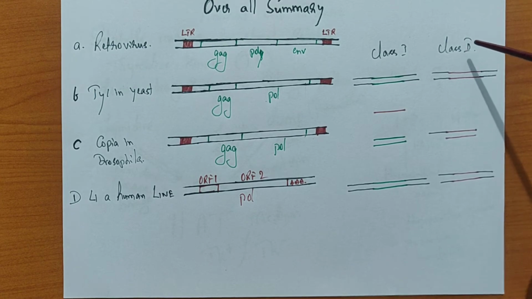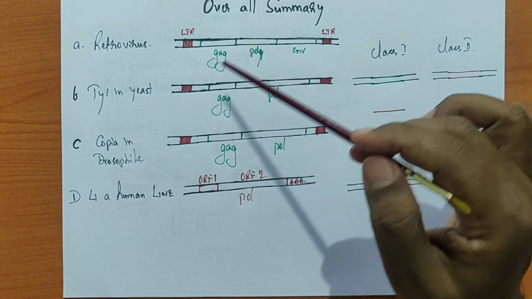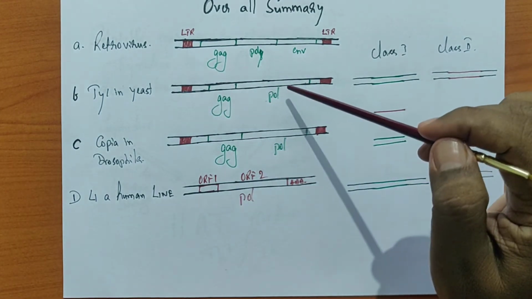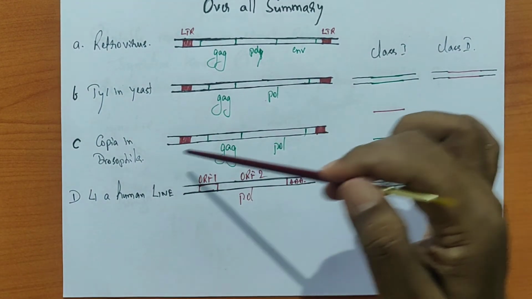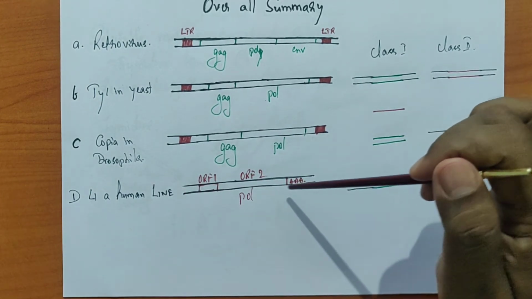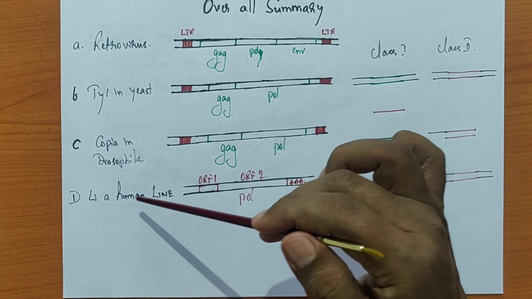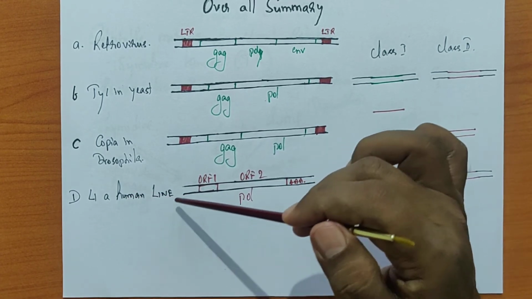We are going to study also the structure of various viruses. Then these are all the transposable elements present in yeast. These are the transposable elements present in Drosophila, and similar structures are also present in the long interspersed nuclear elements, the LINE and the SINE.